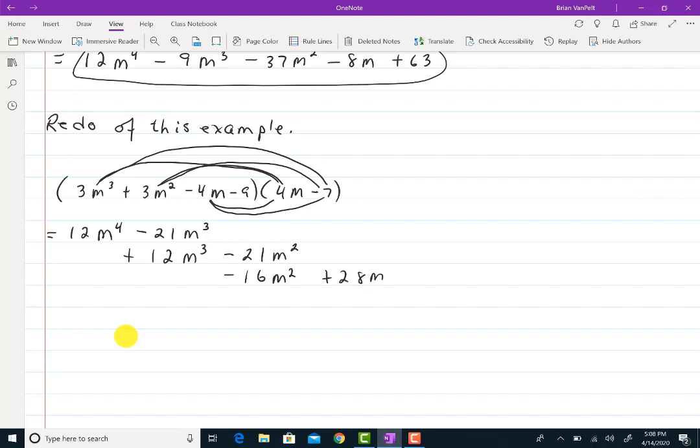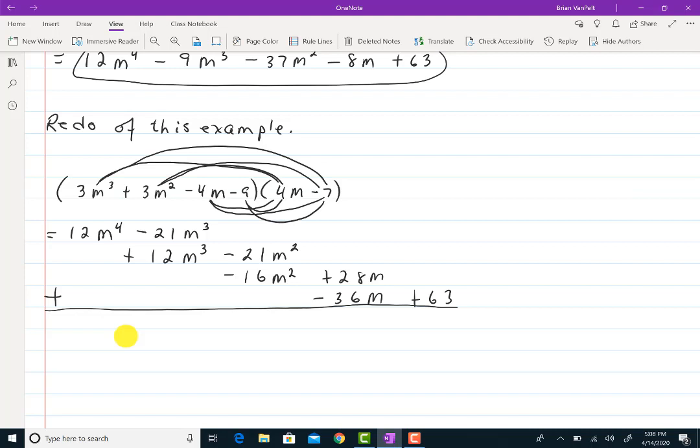Now let me go ahead and finish off here. Negative 9 times 4m will be negative 36m. And then finally, negative 9 times negative 7 will be positive 63. What I have here are a bunch of numbers to add up, just like regular multiplication, and they're even marked out sort of like place values.